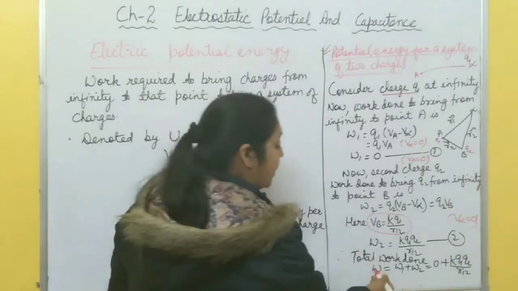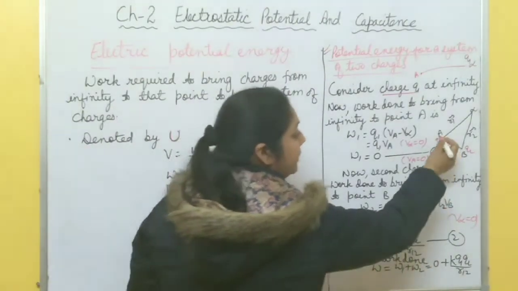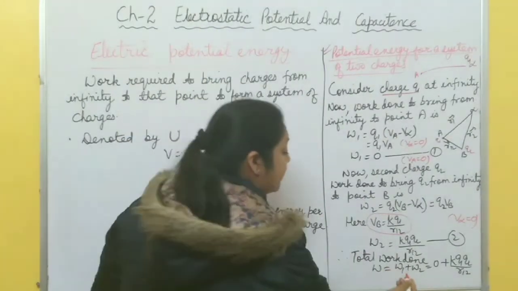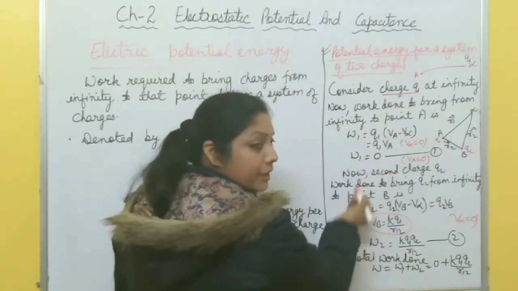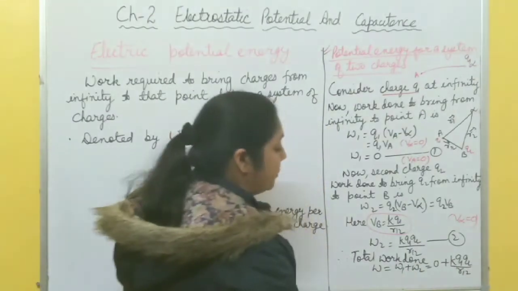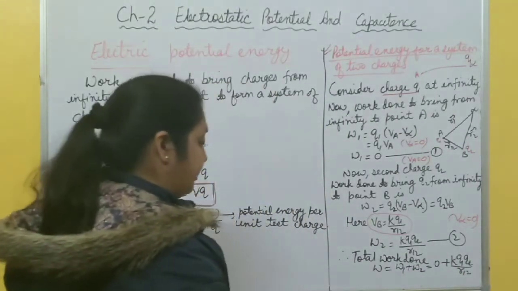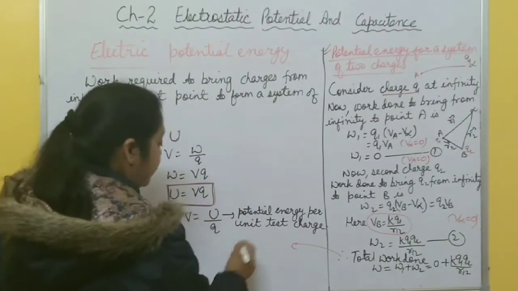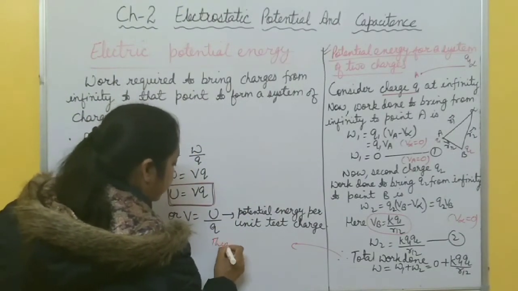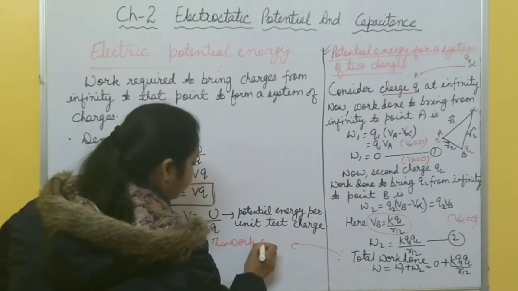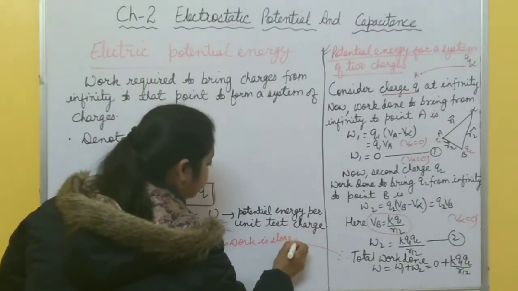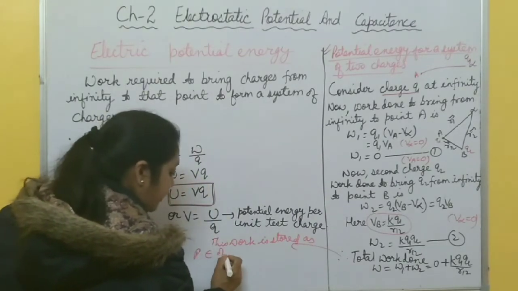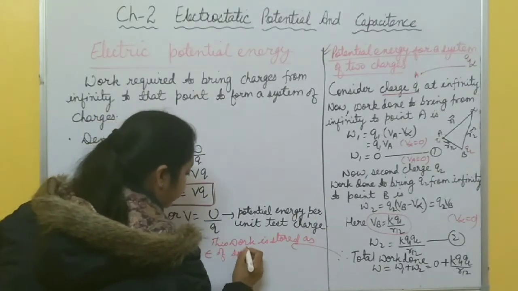So in this way, total work done in bringing these two charges from infinity to form a system of 2 charges is W1 plus W2. You know W1 is 0 and W2 is K Q1 Q2 by R12. Okay, now this work is stored. I am writing here, please note down. This work is stored as potential energy of system.